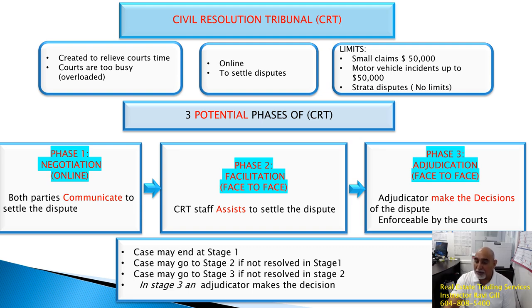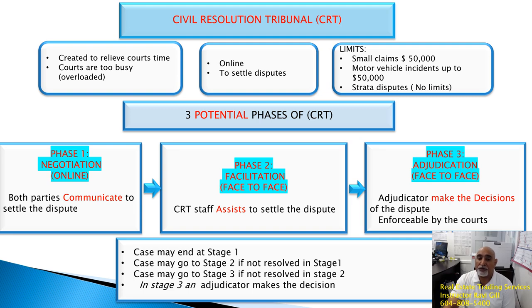They provide assistance, clarifications of some things, and help both parties clarify their communication. Maybe at stage two, it can be resolved. There's no judge, no adjudicator, nobody making the decision. Both parties decide and resolve the issue.